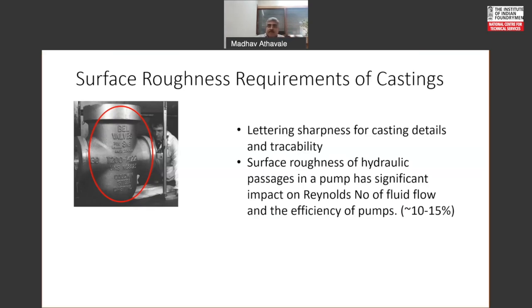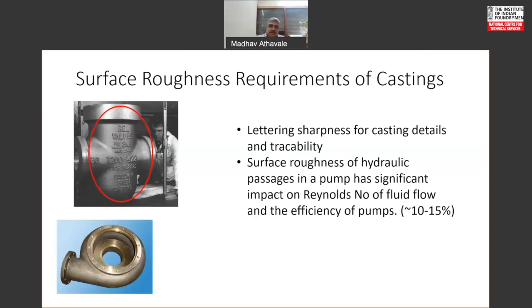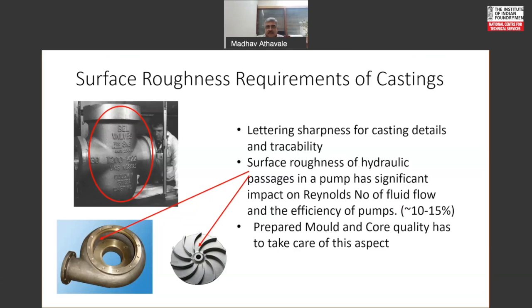This also is available with me in the form of an excellent paper which studied these volute passages as well as the surfaces on the impeller vanes. So in short, the prepared mold and core quality has to take care of this aspect because it has a direct bearing on the surface finish and on the efficiency of the component.